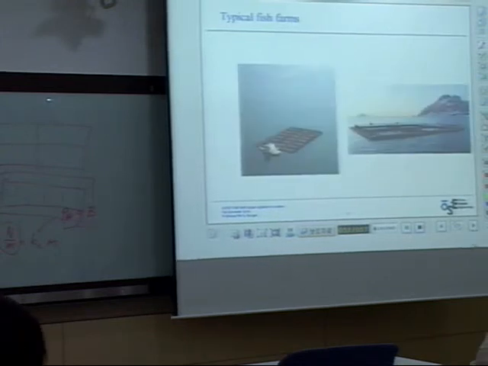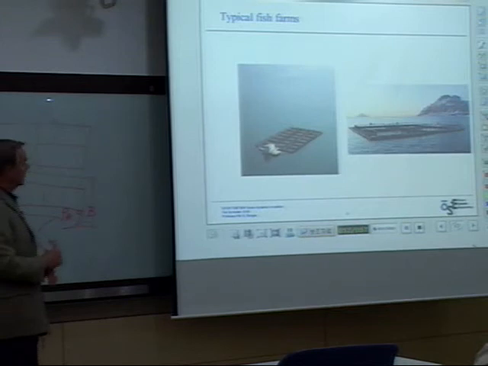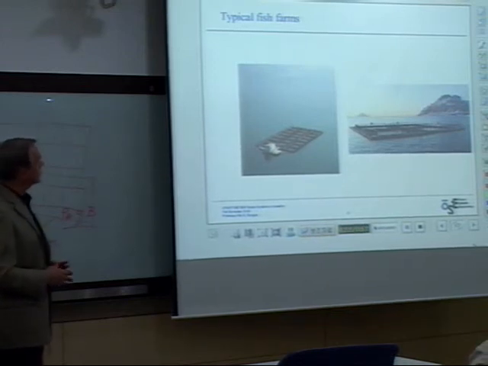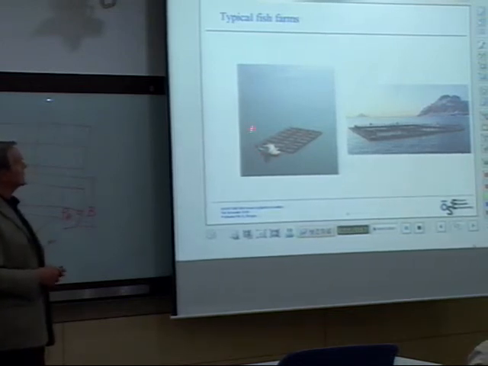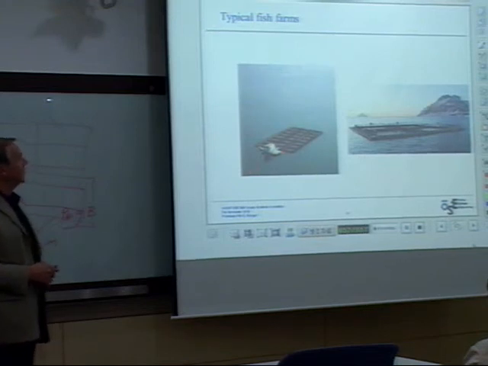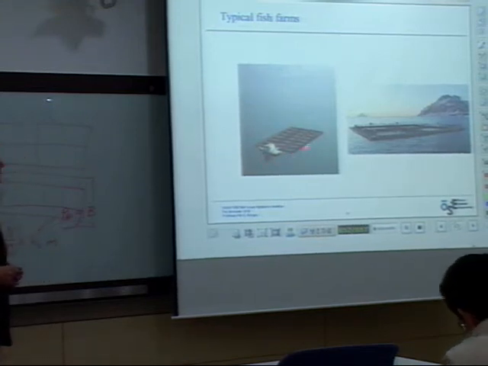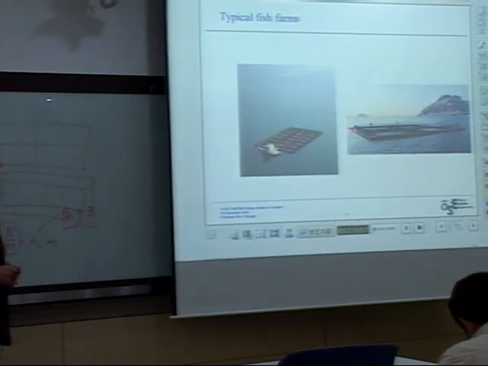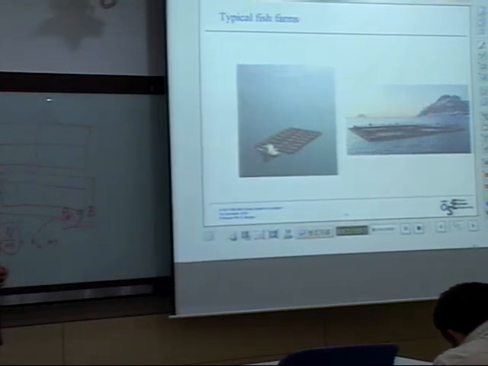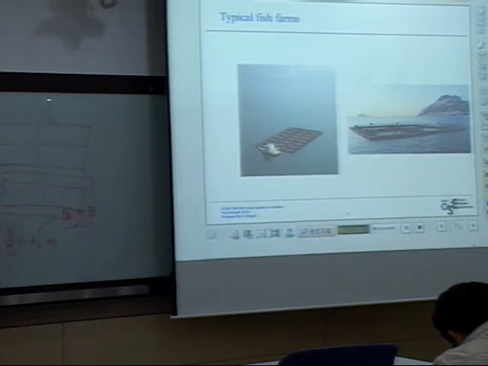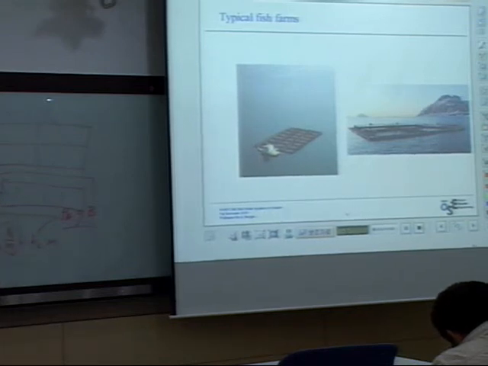That was the end of floating cities, and with one more minute or two, I just mention this thing with floating aquaculture of various sorts. This is from Asia, this is from Norway, and this is becoming a big industry these days.